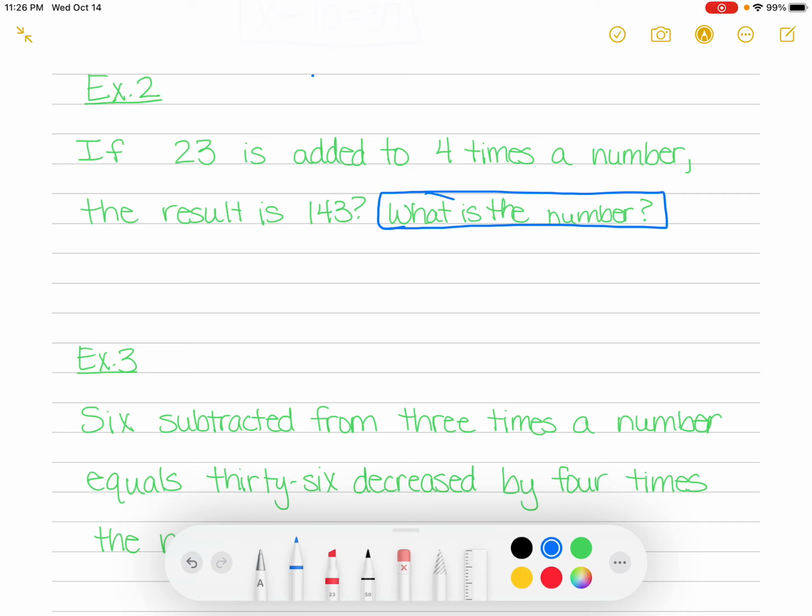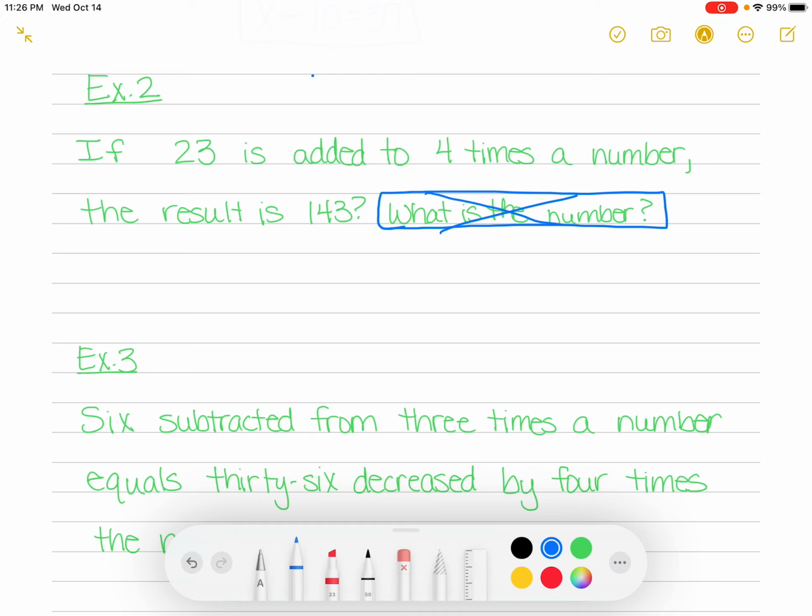They don't want you to solve that. In fact, in the instructions, it says do not solve. So make sure that you do not solve. All they want is an equation. So let's go ahead and write this equation. We're not going to solve it.